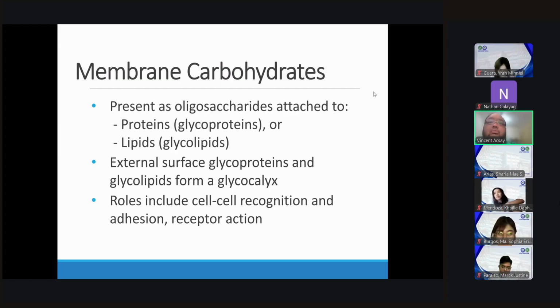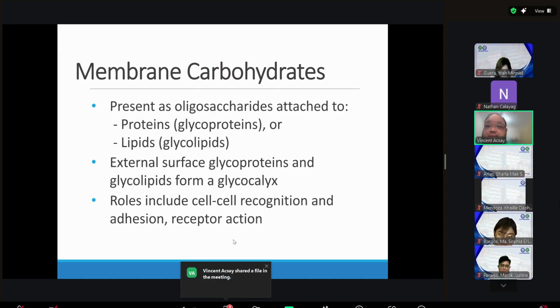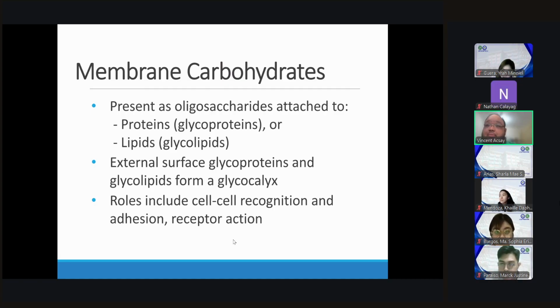For membrane carbohydrates, they're present usually as oligosaccharides simply attached to your proteins, hence they become glycoproteins or glycolipids. So they don't exist without any other attachments. Otherwise, they will become free sugars.